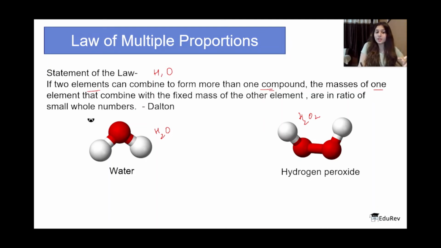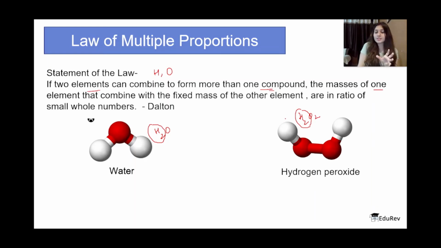The masses of one of the elements that combine with the fixed mass of the other element. So these two, H2O and H2O2, what do they have in common? They have H2 in common. Two atoms of hydrogen are in common, right? So the fixed mass in this case is H2, and the other element is of course oxygen. The masses of one of the elements that combine with the fixed mass of the other element are in the ratio of simple whole numbers.